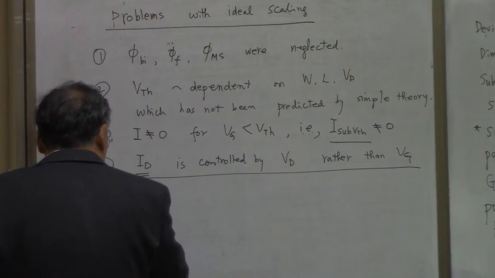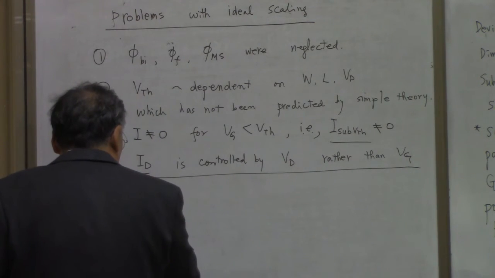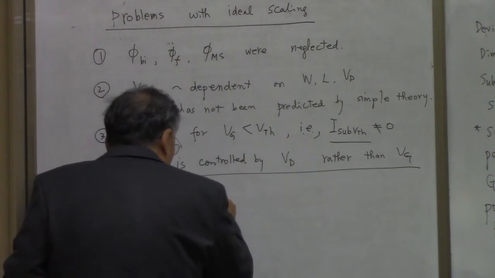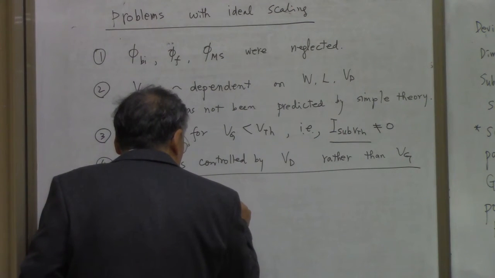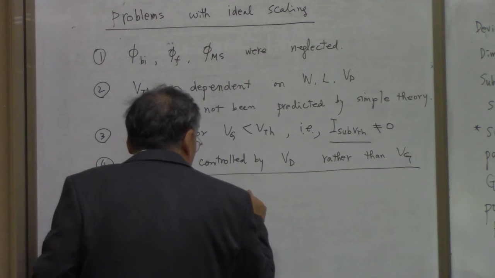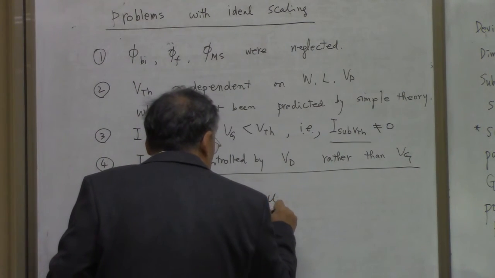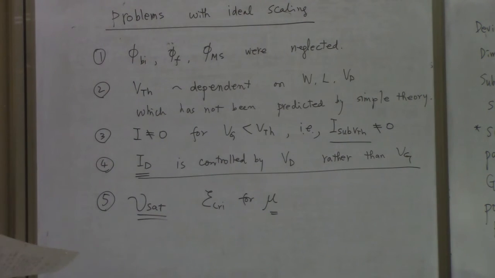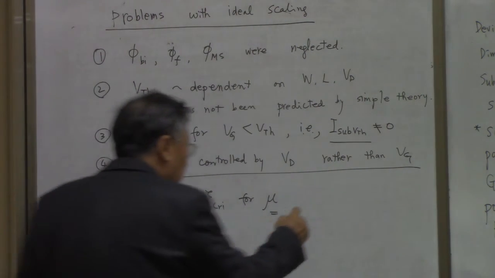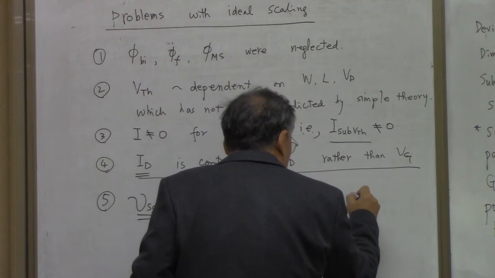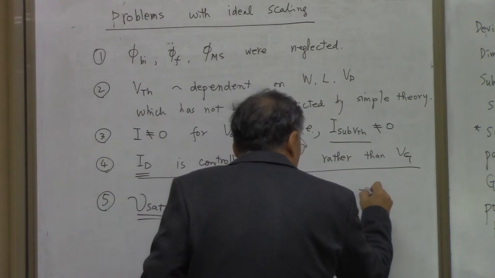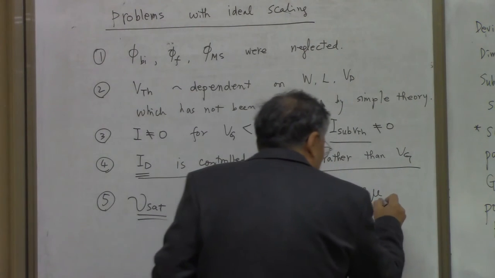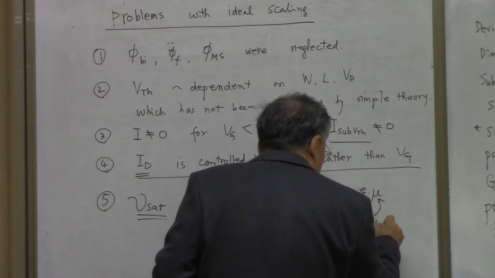And we have discussed the saturation, the critical electric field for mobilities, right? So the velocity is not linear and the mu is not constant.